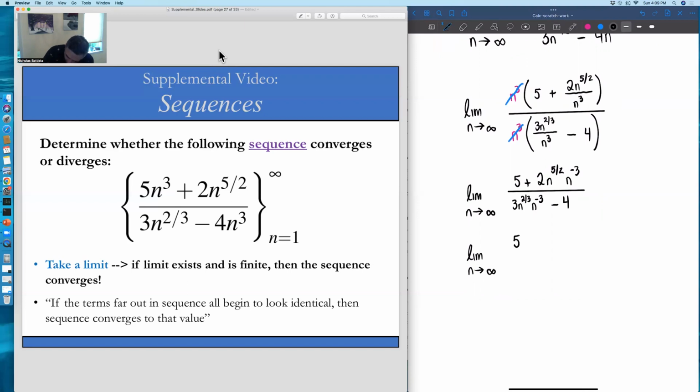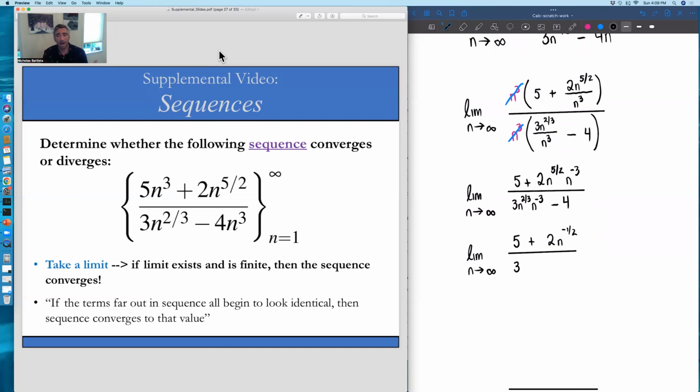In the next line, doing that simplification, we have 5 plus 2n. Since we have n's to different powers being multiplied, we can add their powers together. So we have n to the 5 halves minus 3, or n to the minus 1/2. In the denominator now, we have a 3 times n to the 2/3 times n to the minus 3.